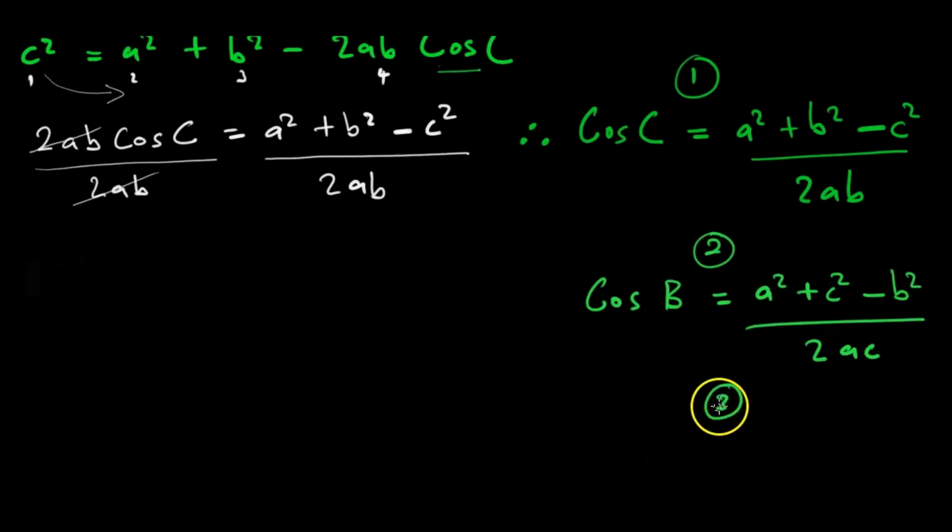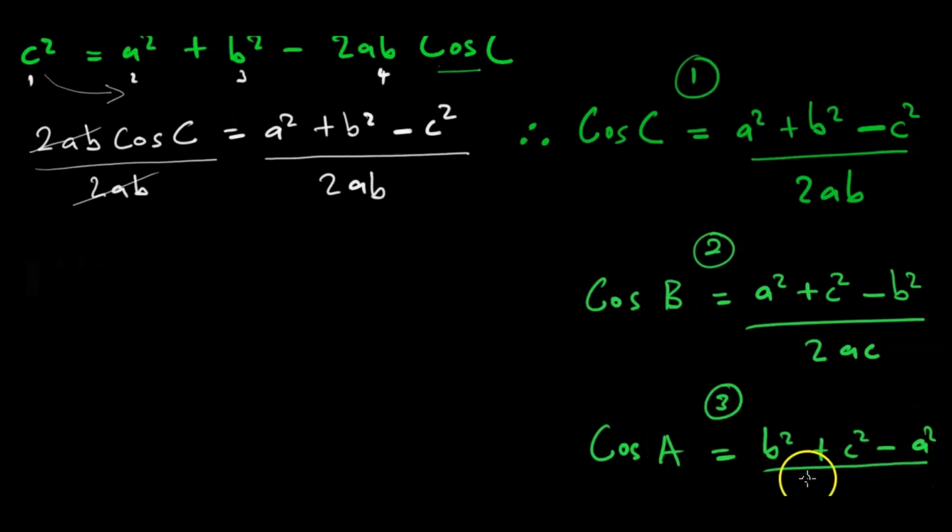Then number 3, takuda kuziva cos A. So cos A inenge iri equal to b squared plus c squared minus a squared over 2bc. So I don't know if you as yet notice pattern ya materializer panapa, but let me try to bring you to speed.